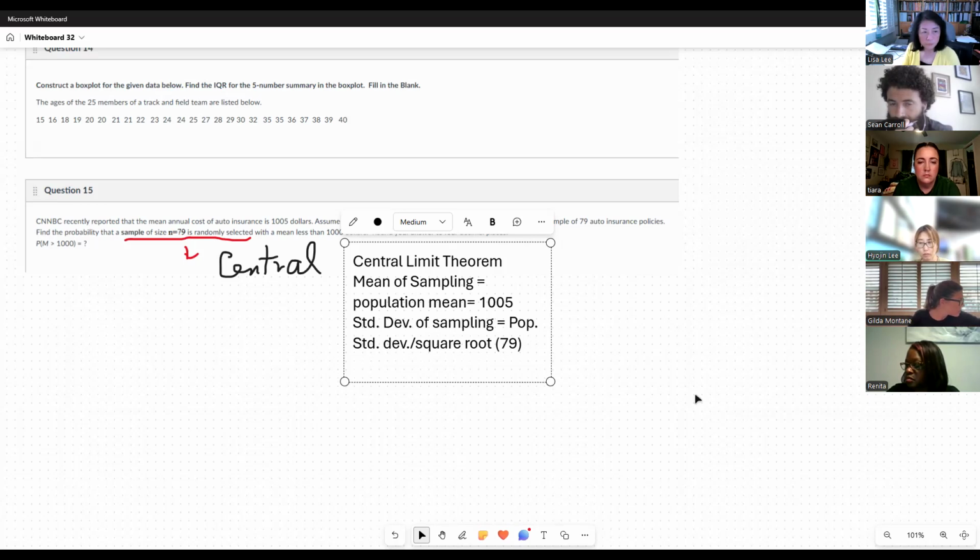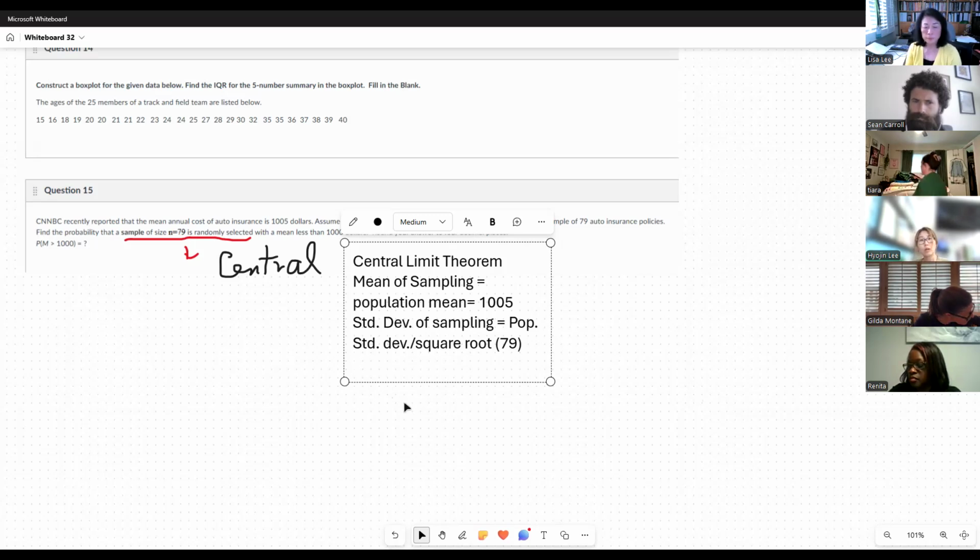Most of you, I believe, already know how to use your TI-83/84 calculator. When they ask you to look for the probability that the sample mean is greater than $1,000, what's the probability or the chance we get that when we do sampling? So what do we do?